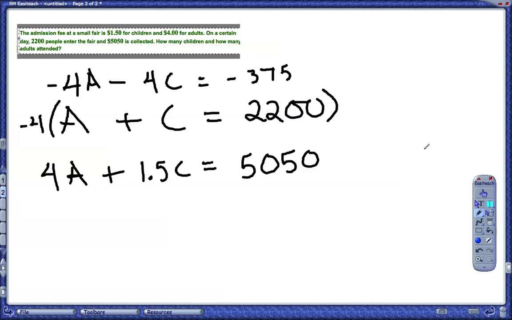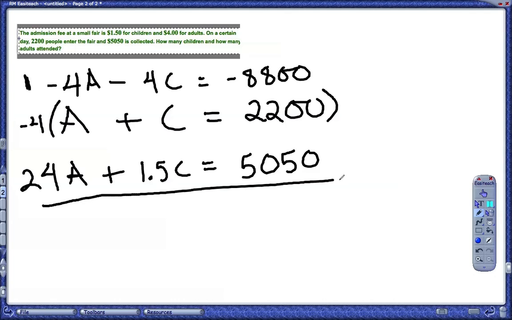I'm sorry. Go back here. It equals -8,800. Alright, so now I'm going to add equation 1 with equation 2, and we'll get rid of some stuff. So -4a plus 4a, that's just 0, so those cancel out. -4c plus 1.5c is -2.5c.